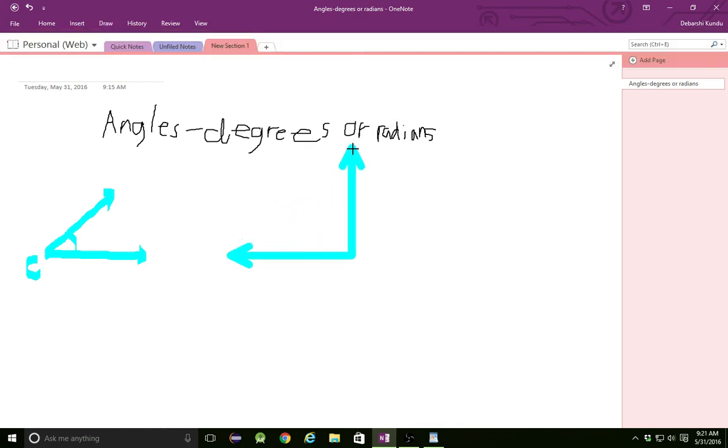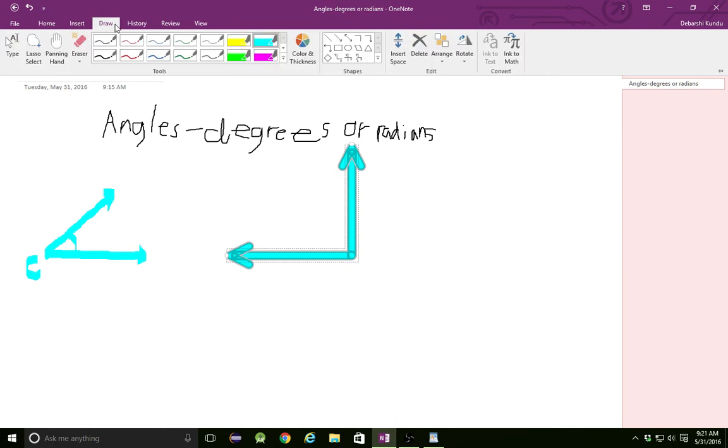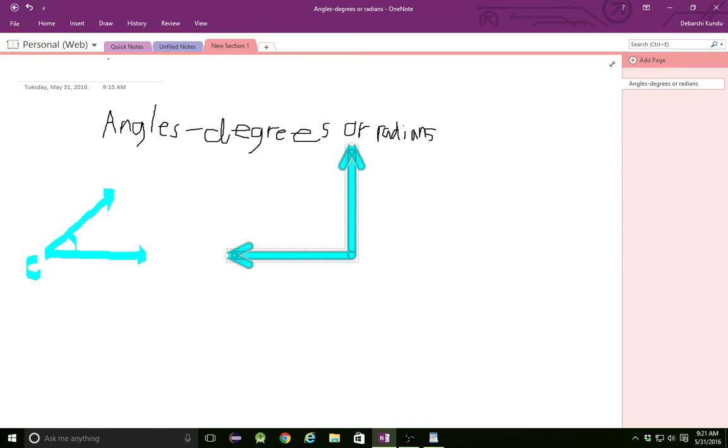That is a right angle. We denote a right angle using a square right here. So what we have here is one perfectly straight line intersecting another perfectly straight line at 90 degrees. That's what a right angle is.